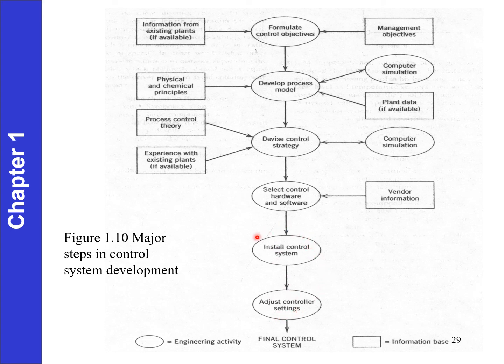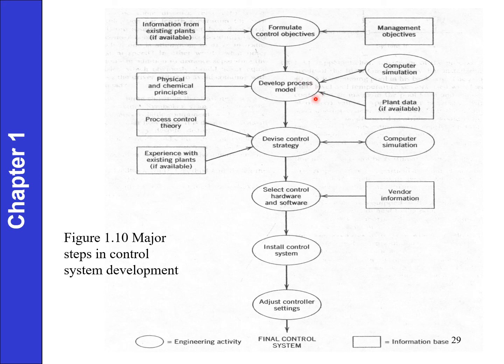Okay, install control system, that's why we call it control and monitoring. We do control first. After that, we do monitoring. So in monitoring, we adjust the controller settings, and we get the final control system. So this is basically the major steps for us to develop the whole system.